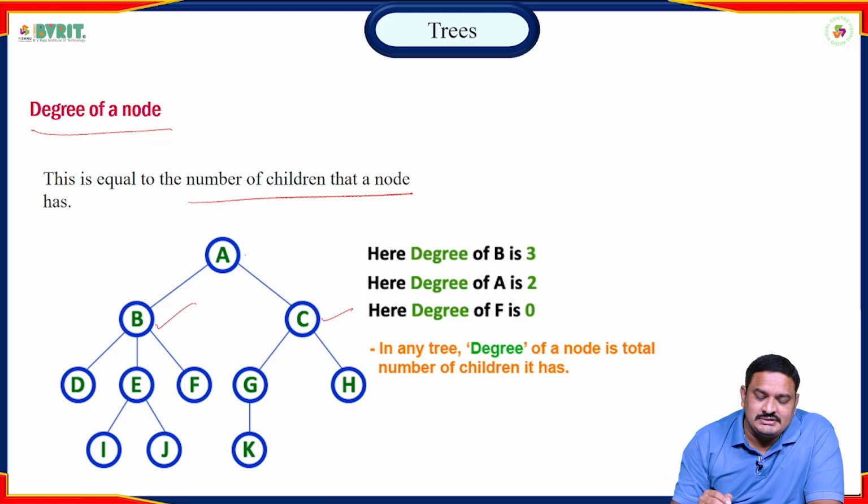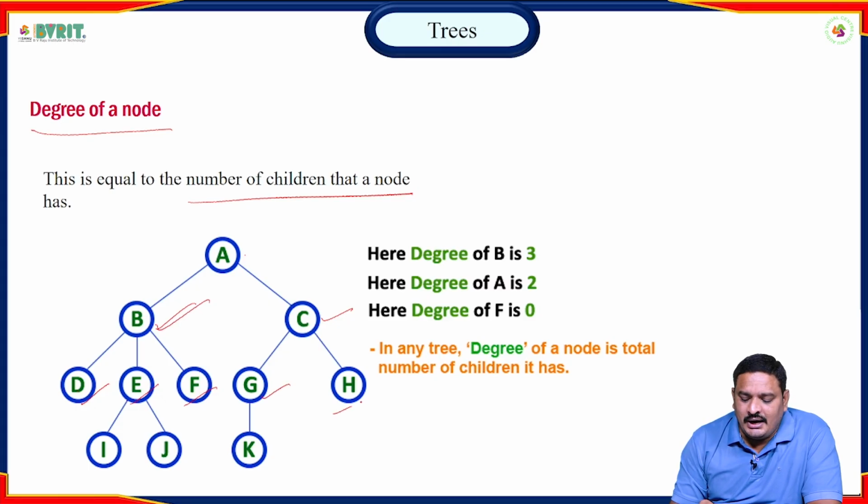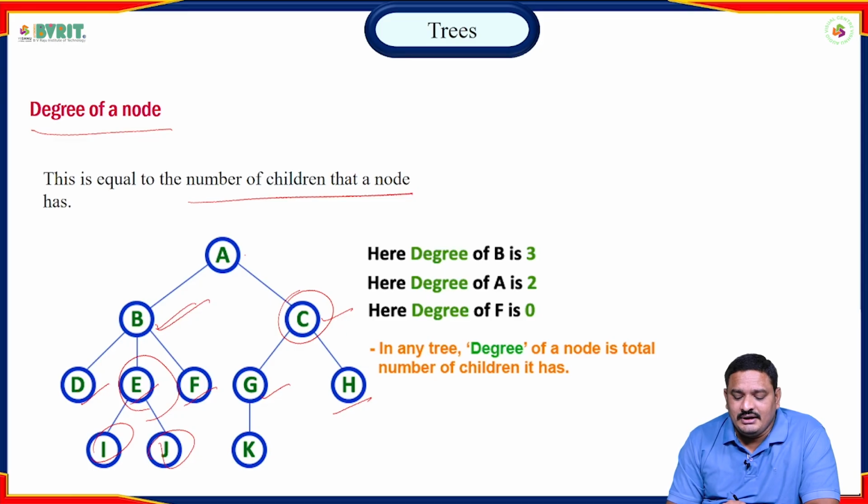B and C are children nodes, and B has three children nodes: D, E, F are the children of B. G and H are the children of C. I and J are the children of E. Okay, that is the degree of a node. In any tree, the degree of a node is the total number of children it has.